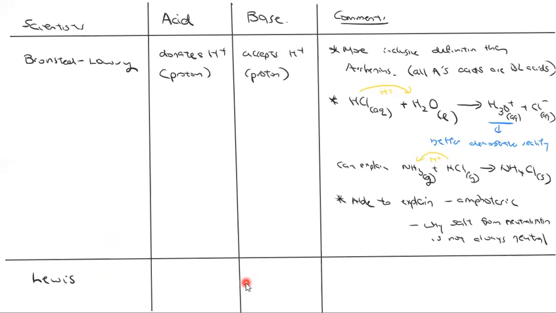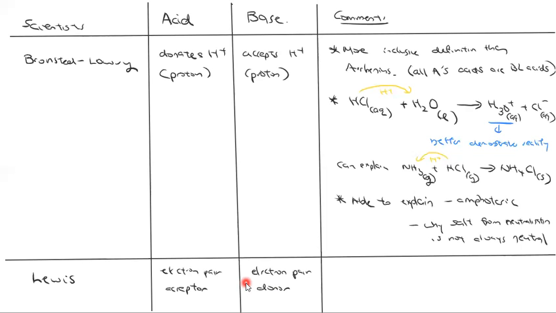So this, on the other hand, basically did to Bronsted-Lowry what Bronsted-Lowry did to Arrhenius. You change the definition. So this is an electron pair acceptor, and this is an electron pair donor. So it expands it even further.